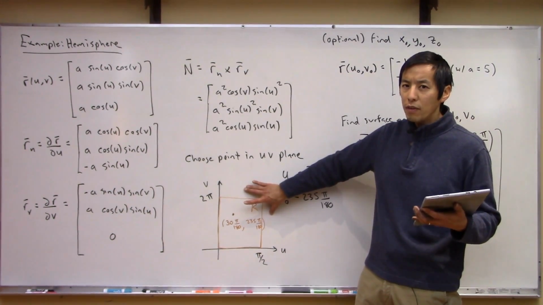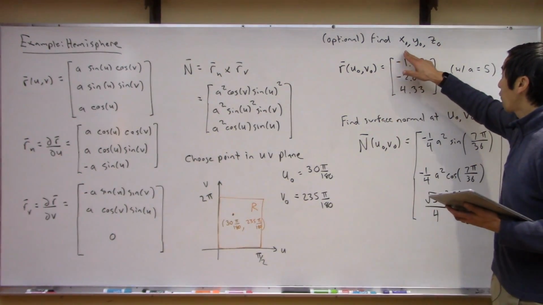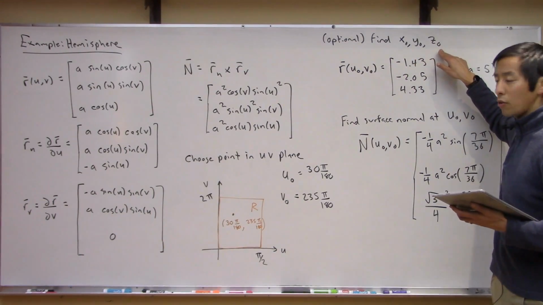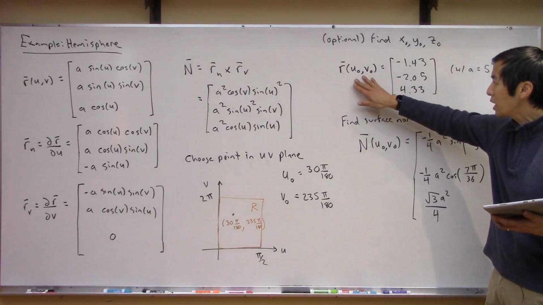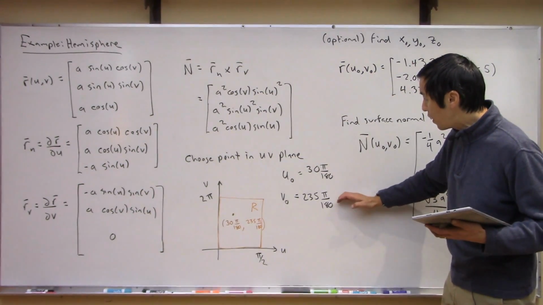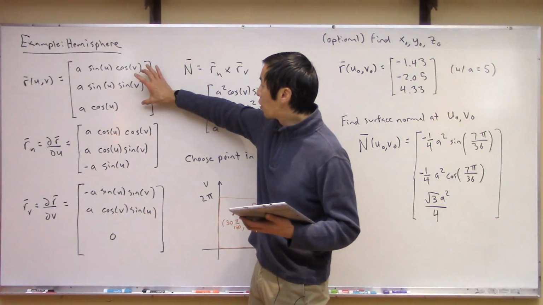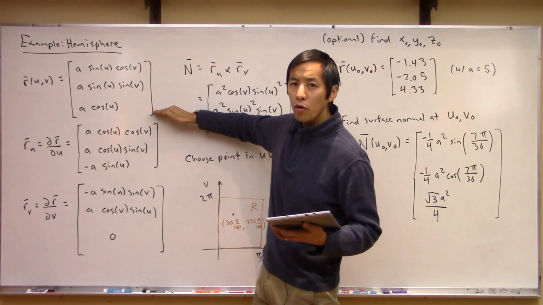In order to get the physical location in XYZ space, we could find the XYZ location which corresponds to this u naught and v naught by simply plugging it into our parameterization. In other words, you take these u and v and jam them into the parameterization here. That will give you the x naught, y naught, and z naught which corresponds to that location.